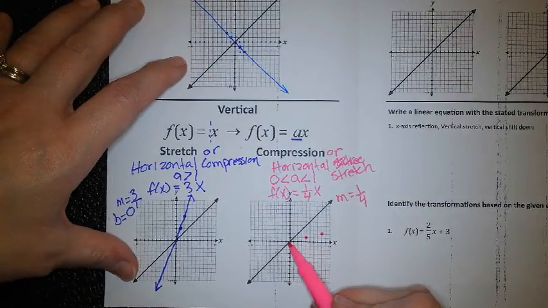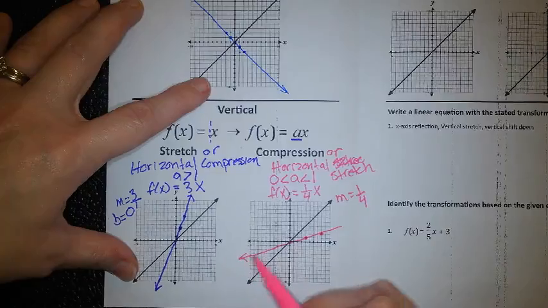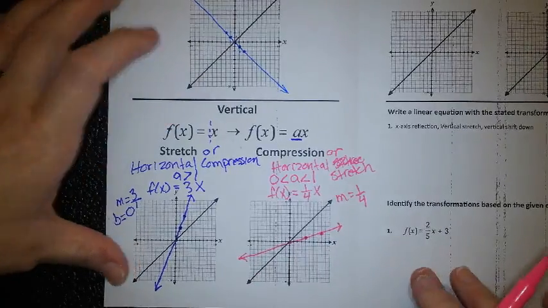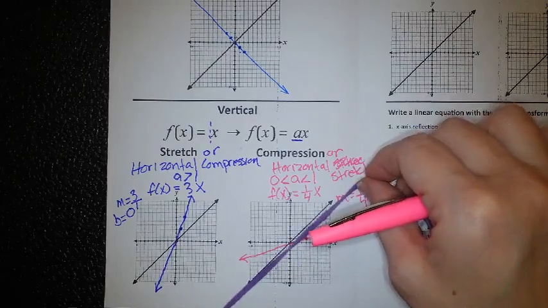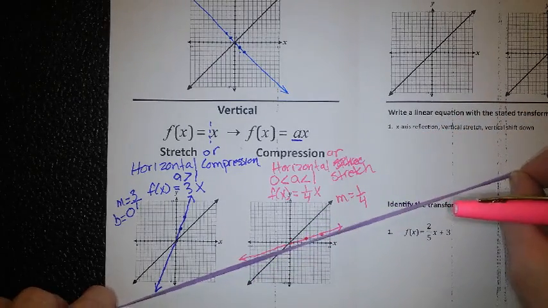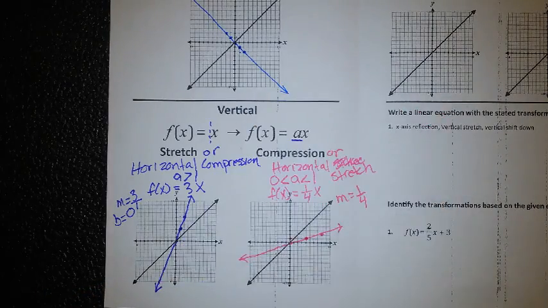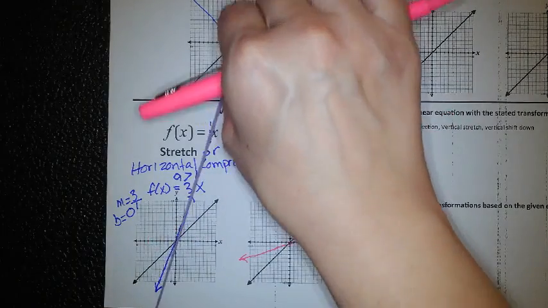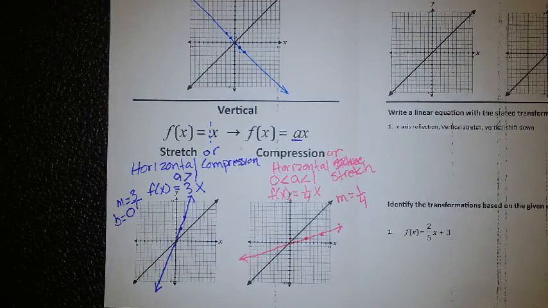And as you can see, that is going to be a much less steep line. So that's what we call a horizontal stretch. So I take my parent function, and if I stretch it this way, right to left, horizontally, it becomes less steep. For a vertical stretch, if I pull it from top to bottom, it's going to become much steeper.